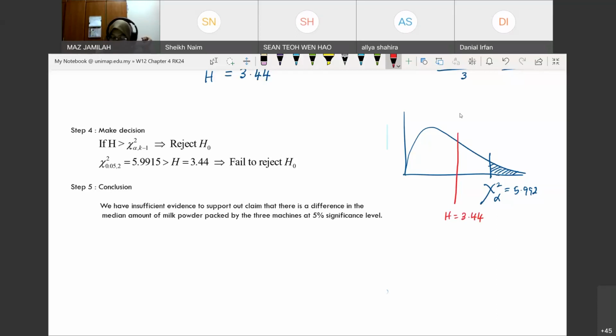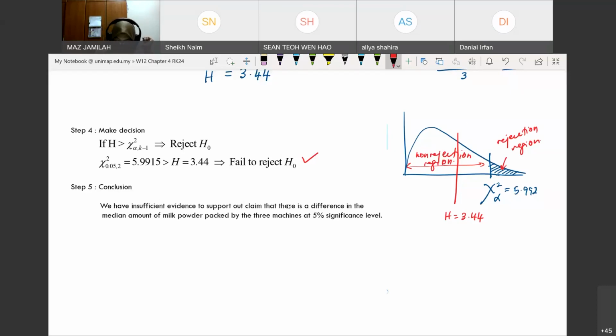So in this case, we fail to reject the null hypothesis because it falls within the non-rejection region. Here is the rejection region, and here is the non-rejection region. So we fail to reject the null hypothesis.